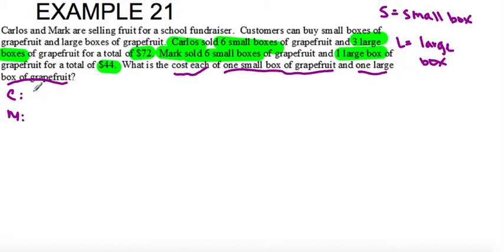So Carlos sold 6 small boxes, so 6S, plus 3 large boxes, so 3L, equals 72. And then we know Mark sold 6 small, so 6S plus 1L for a total of 44.